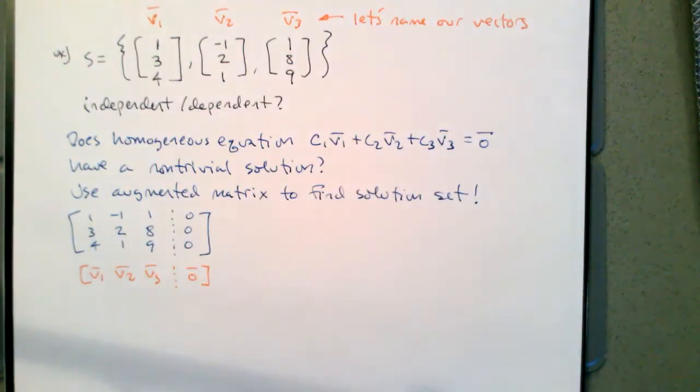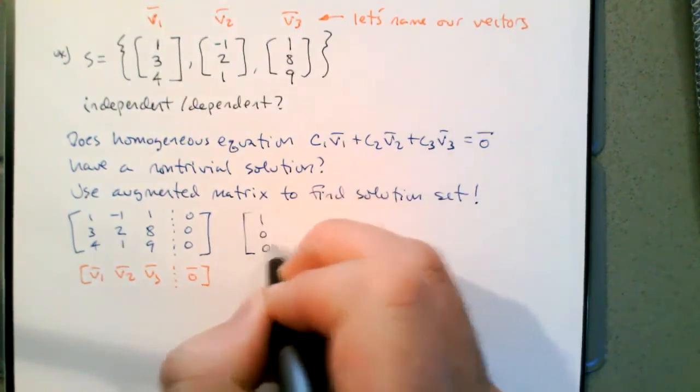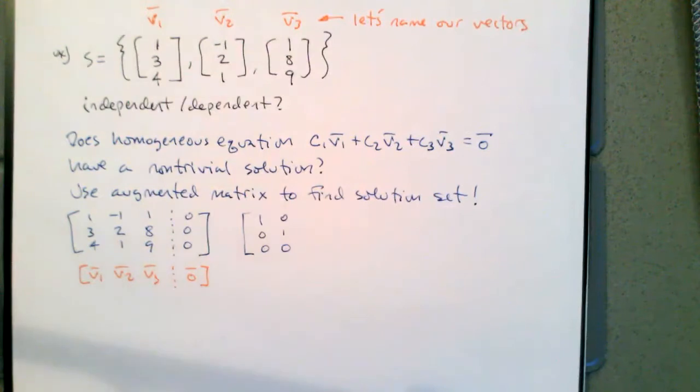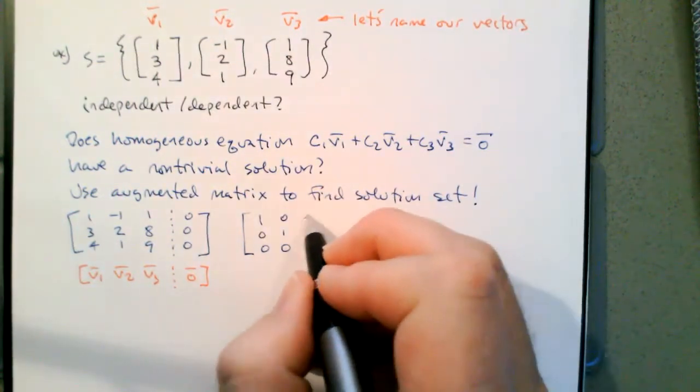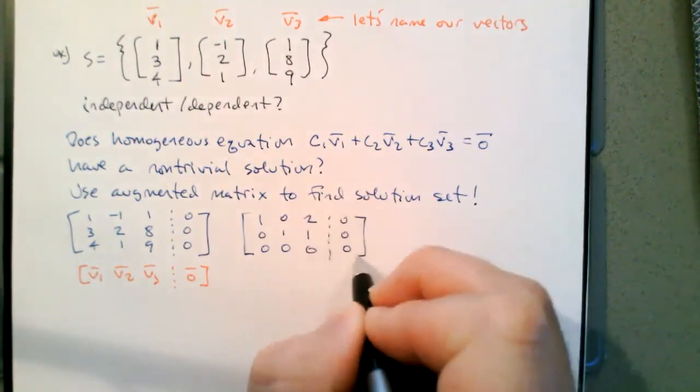The reduced row echelon form of this matrix is 1, 0, 0, 0, 1, 0, 2, 1, 0, and 0, 0, 0. Nothing will ever happen in that last column.